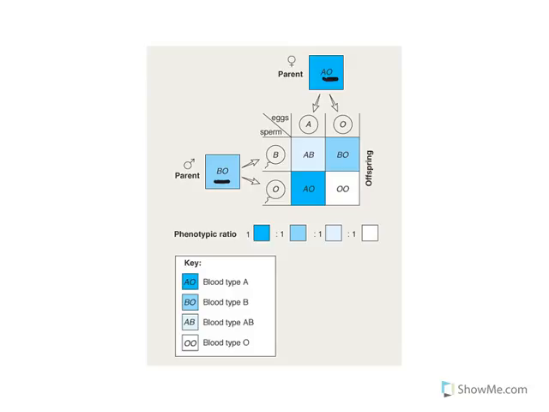So the alleles for the A person would be A and O, and for the B person would be B and O. And as you can see, with this particular combination of parents, you can actually produce each of the blood types, AB, B, A, and O. So your ratios would be 1/4 chance of producing each of the different blood types from this combination of parents.